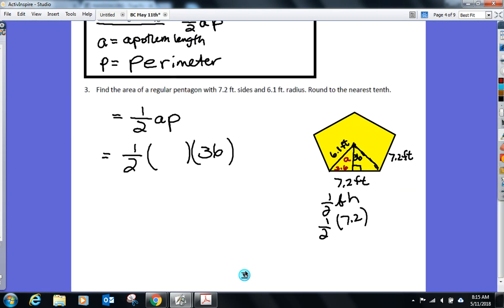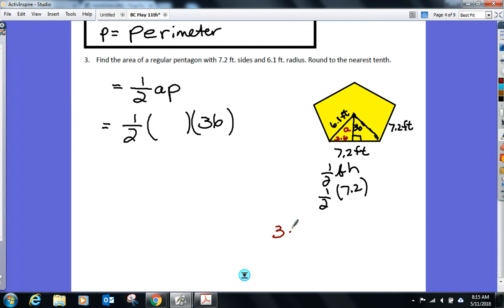So now I can do the Pythagorean Theorem and say 3.6 squared plus the apothem squared equals 6.1 squared. And should we be rounding anything yet?